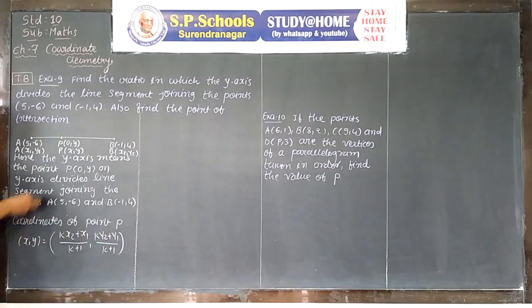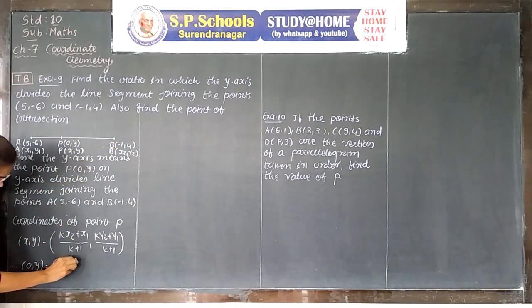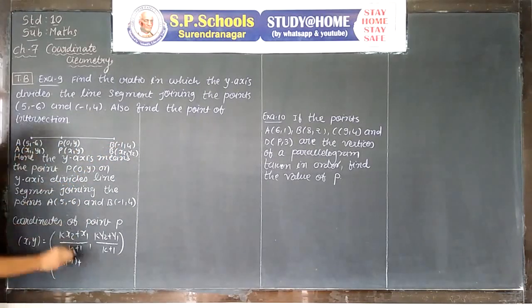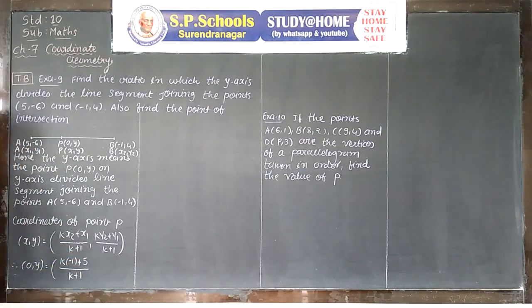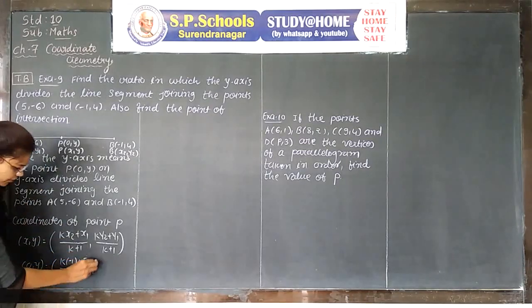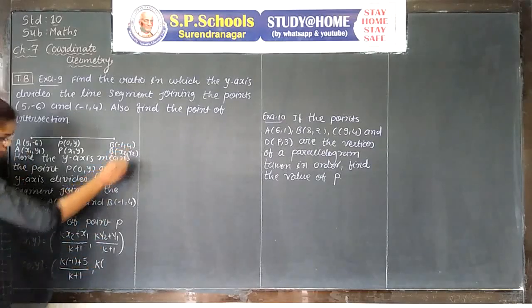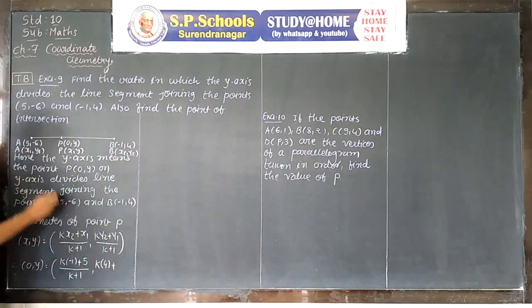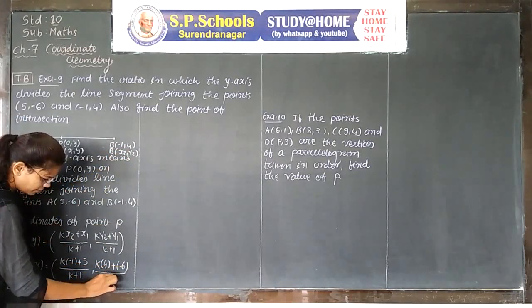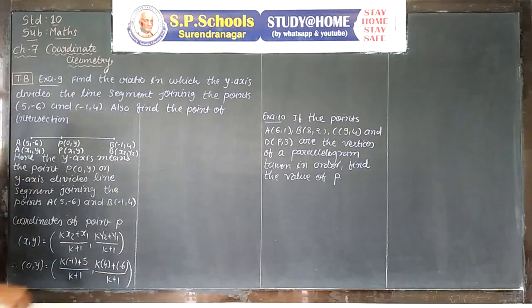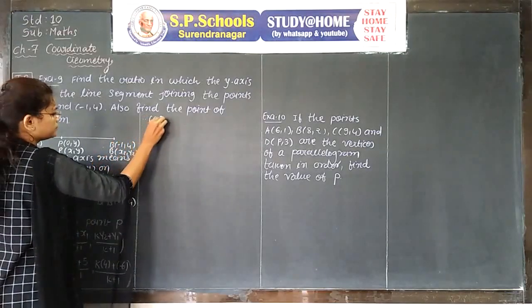Now we substitute all the values. Instead of x, y which is 0, y is equal to k times -1 plus 5 upon k plus 1, and the y coordinate k times 4 plus -6 upon k plus 1.